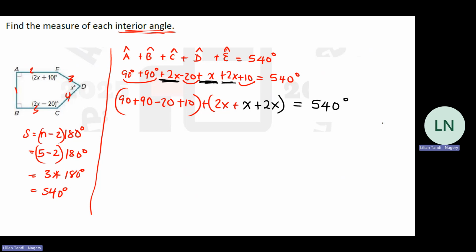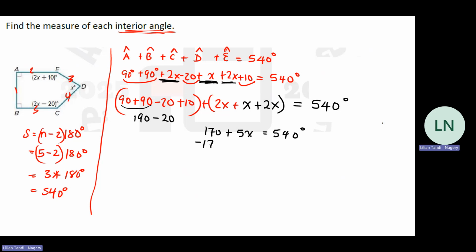Now 90 plus 90 is 180, plus 10 is 190. 190 minus 20 will give us 170 plus 5x equals 540. I should not be using too much space because I need space.